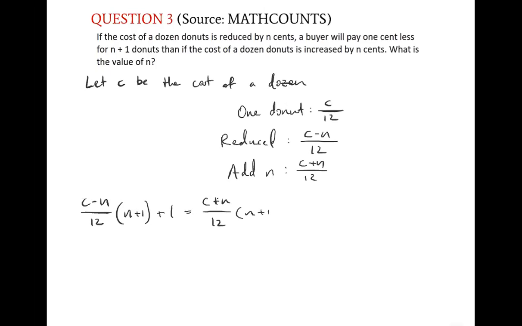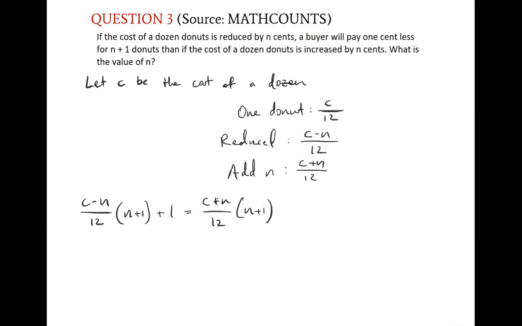This. Okay, so basically what this equation is saying is that if the cost of the donuts is reduced by n cents, then the buyer will pay 1 cent less for n plus 1 donuts than if the cost is increased by n.